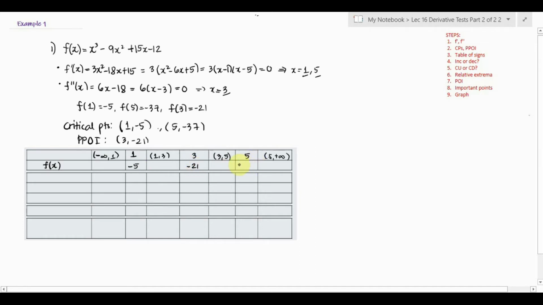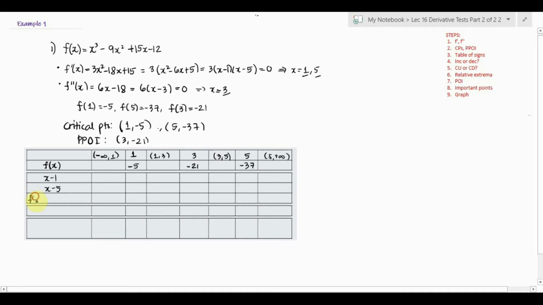And f of 5 equals negative 37. Okay? So, for the second part of our table, we will write the factors of f prime. That's x minus 1 and x minus 5. So, take note, hindi na natin sinasama yung 3 kasi nga, positive naman siya. Positive constant siya, so it will not affect the sign.